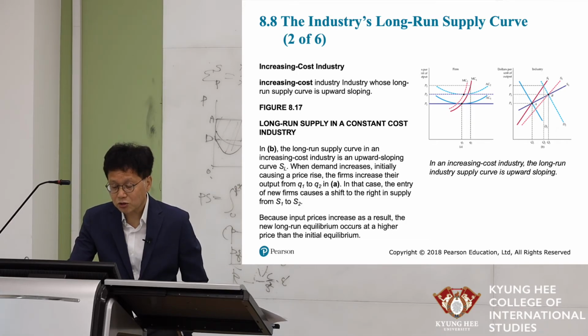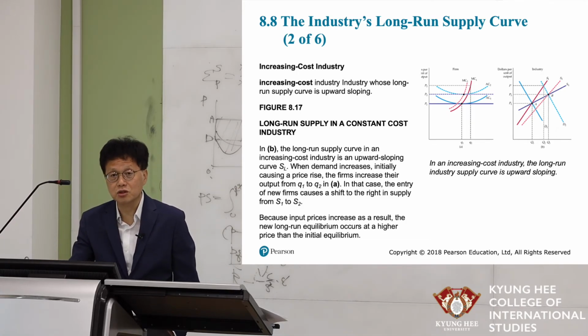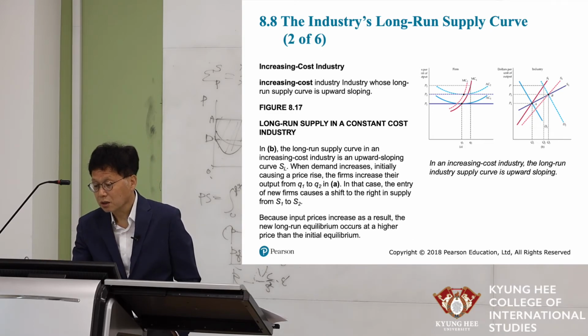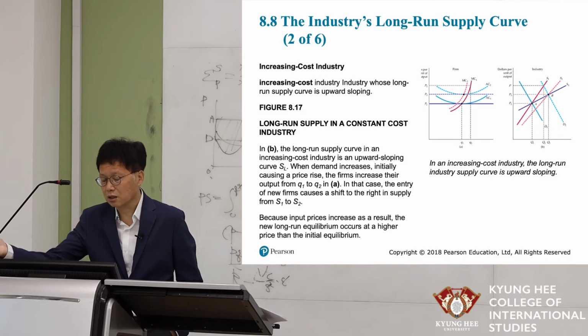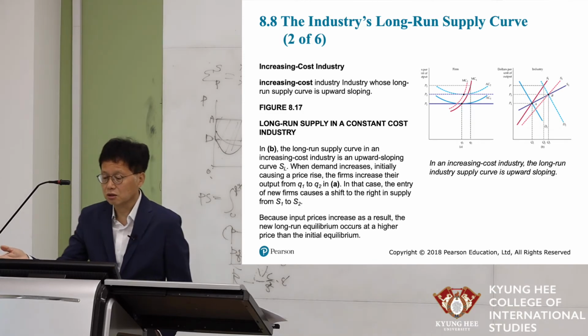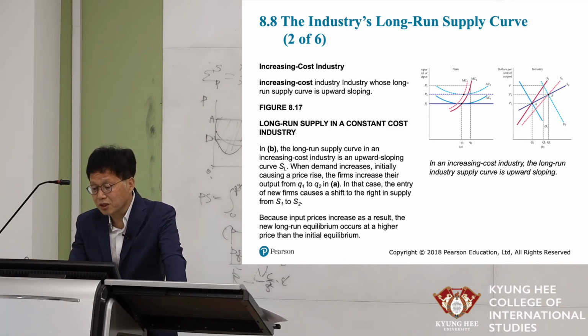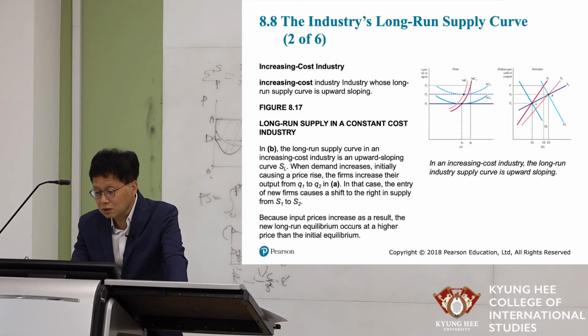In this case, new firms enter the market to enjoy positive profit, right? The number of firms increases, industry production increases, so the supply curve has to shift to the right, from S1 to this one and this one and this one, until long-run profit equals 0, right? And as industry production increases, marginal cost and average cost increase: marginal cost shifts from here to here, and average cost also shifts above like this.